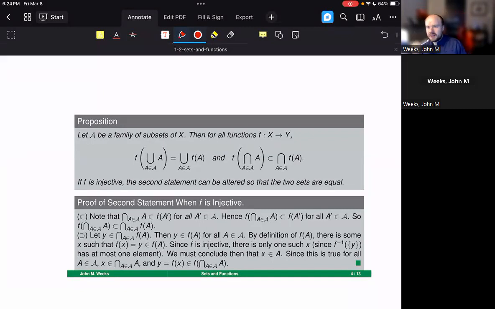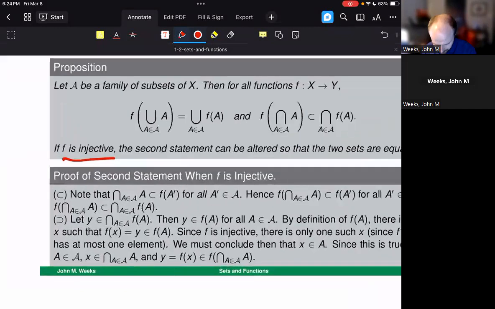Now, this subset relationship can be strengthened, but it can only be strengthened whenever F is injective. That's what this proposition is saying. It's saying that you get equality in the same way that we did in the previous proposition whenever you have unions and you're doing this kind of switcheroony with the two operations. But with intersection, you don't get that. So let's see about this second statement when F is injective.